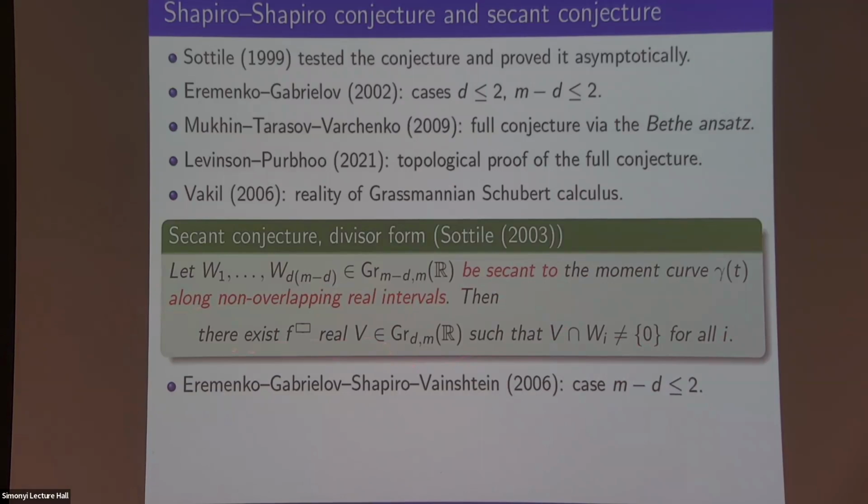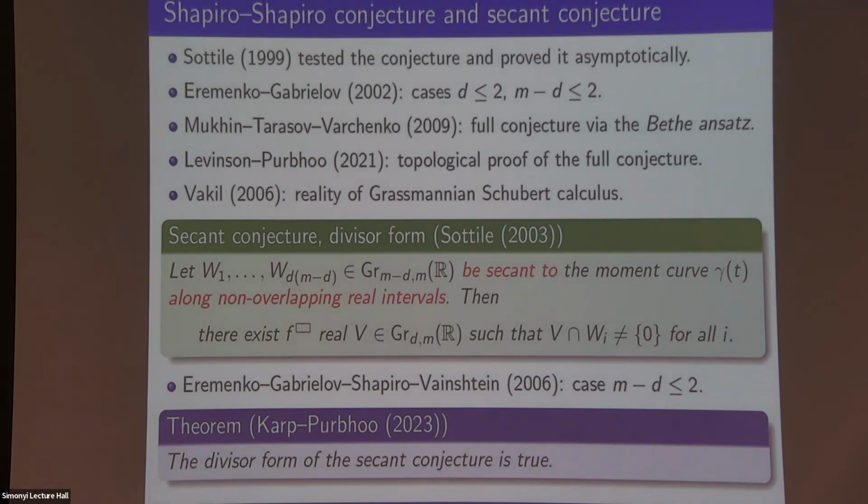The Shapiro conjecture is a limiting case of this one, because if I take my points of secant C and let them collide, then the secant subspace limits to the oscillating subspace. Okay, and Eremenko, Gabrielov, Shapiro, and Weinstein prove the case when V has codimension at most 2. What I want to present now is our proof of this secant conjecture for divisor Schubert problems.